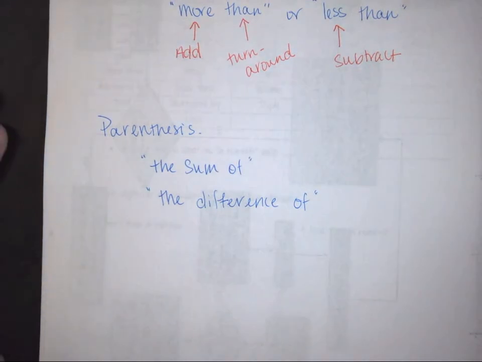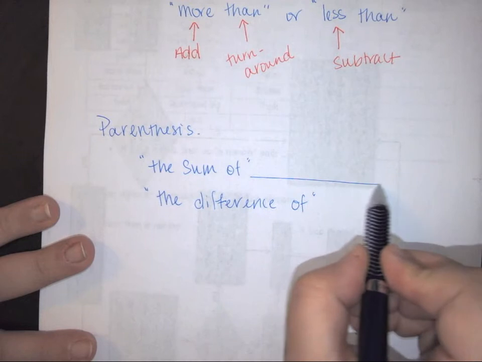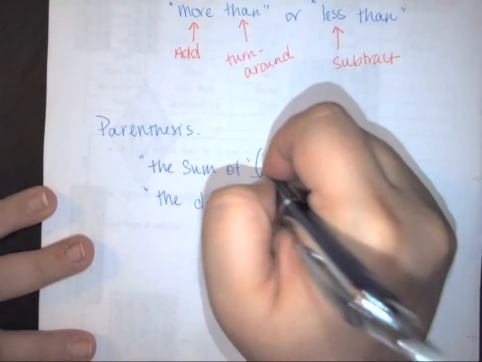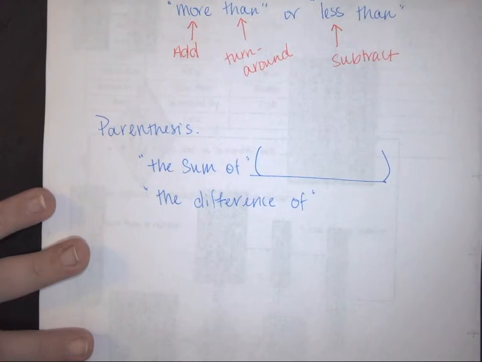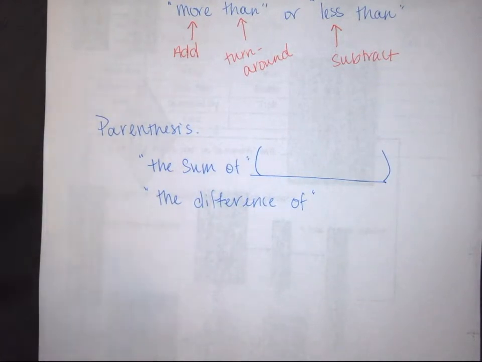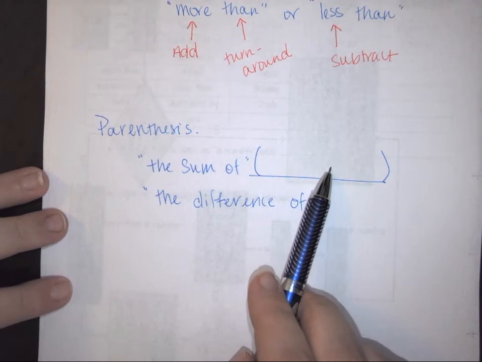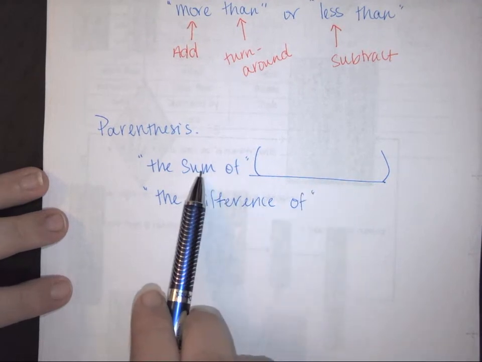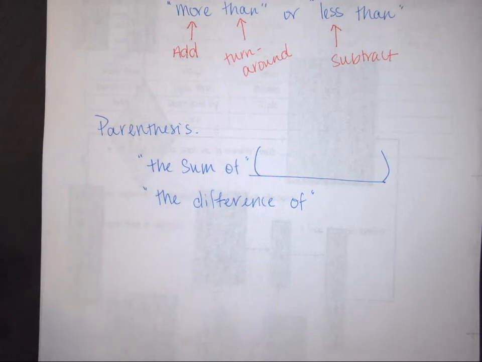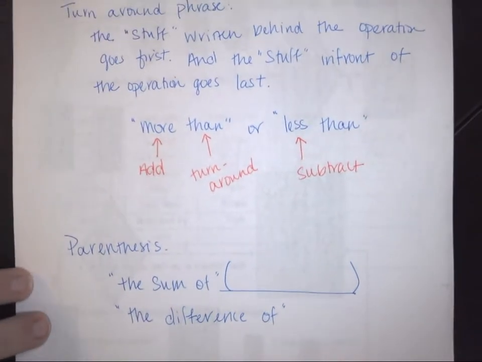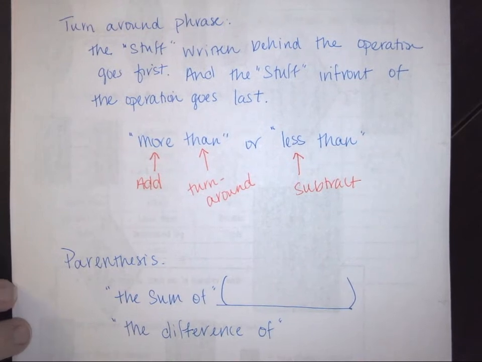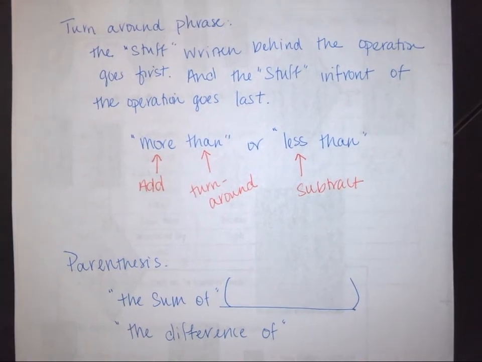Both of those signify that you are going to have a parentheses, which means whatever comes exactly next is what would be put in the parentheses. So you would have a sentence that might say something like 3 times the sum of 2 and a number. So 2 and a number is what would go in the parentheses. The sum here tells you the operation, and then whatever came first is on the outside. And so those are two major ones that usually get left off, but they do show up in a big way, and so I wanted to point those out.